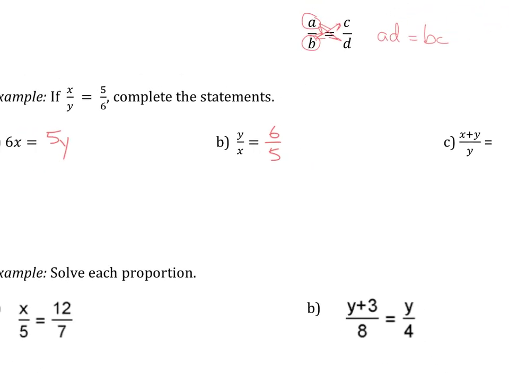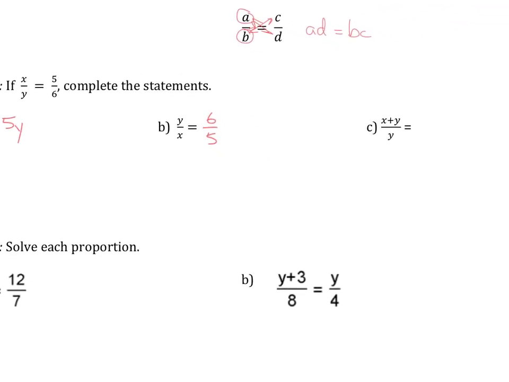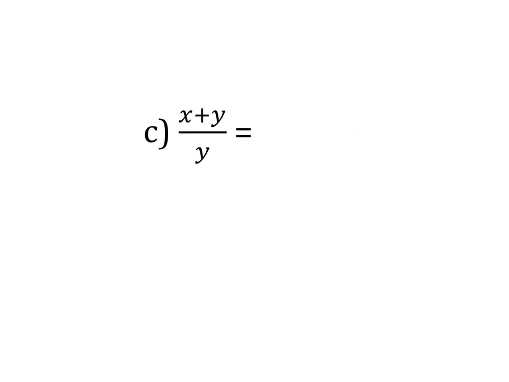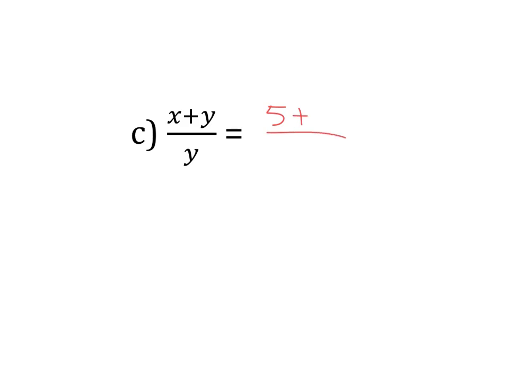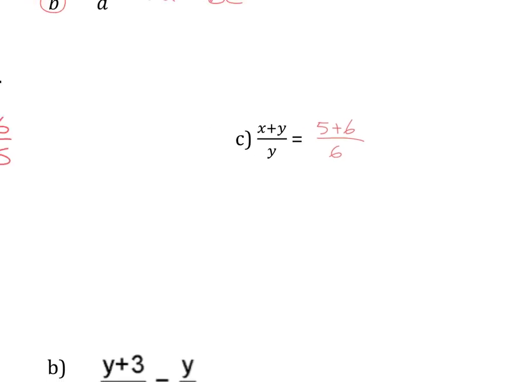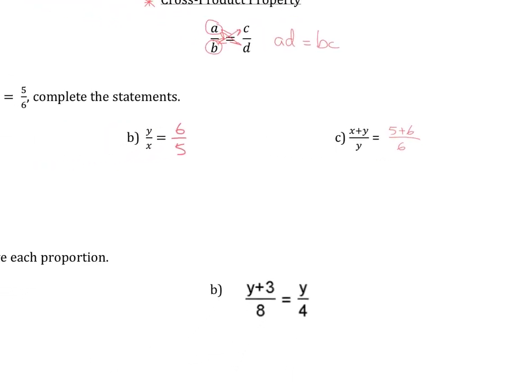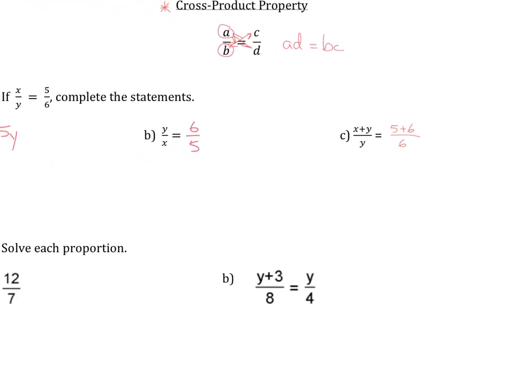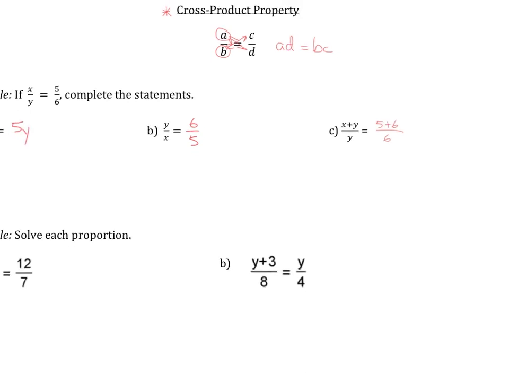And then lastly, letter C. Now we've added the denominator. x plus y over y would equal 5 plus 6 over 6. So again, as long as we add the denominator to both sides, we are okay.